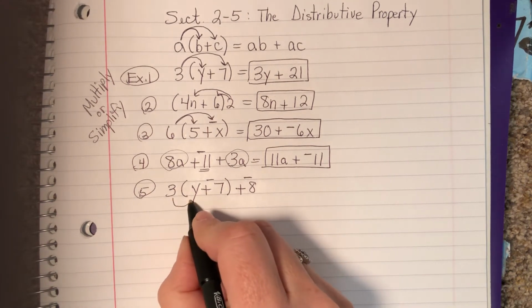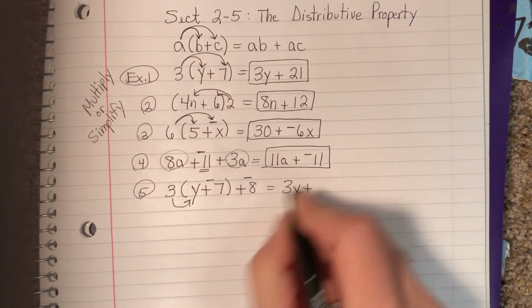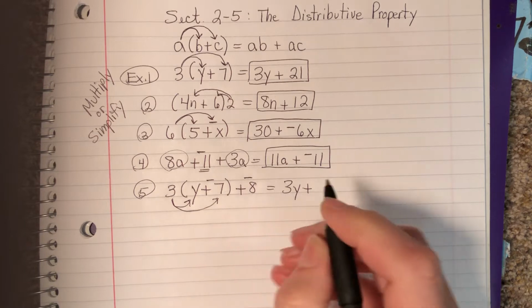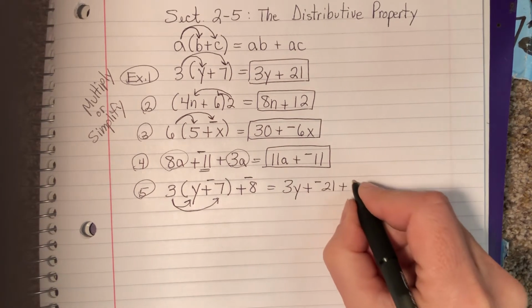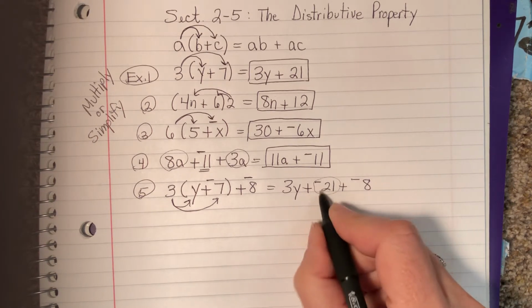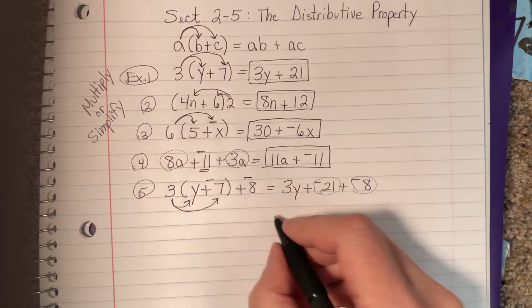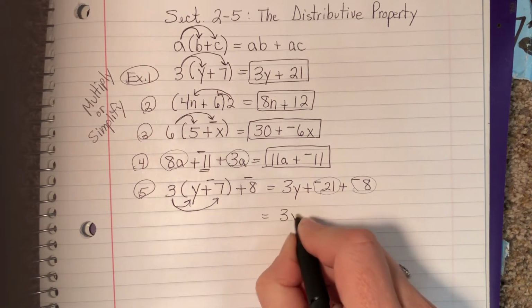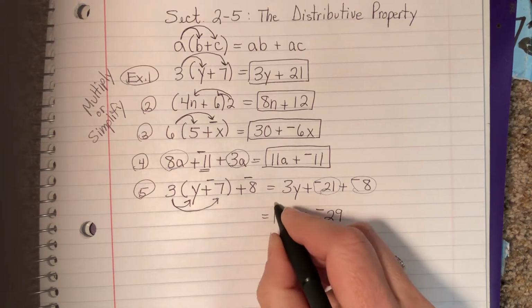And let me do it this way. 3y plus 3 times negative 7 is negative 21. Then adding the negative 8. So these two are like terms. The 3y cannot get added. So we get 3y plus negative 29.